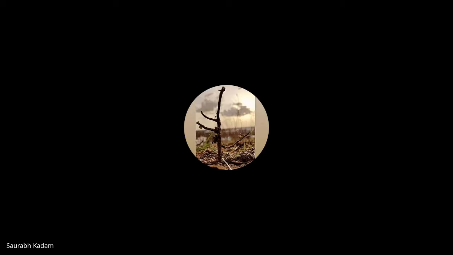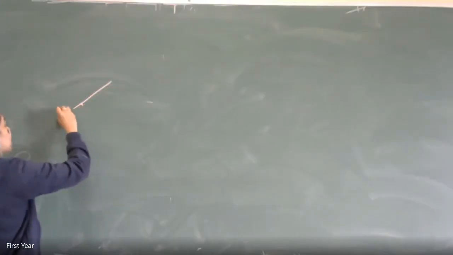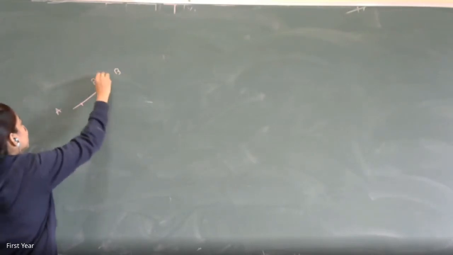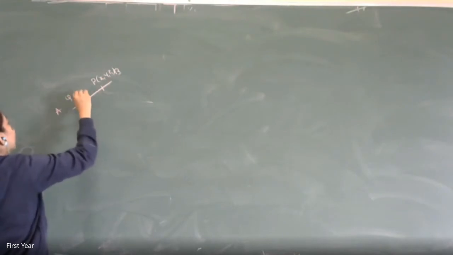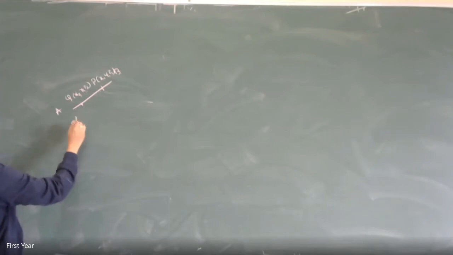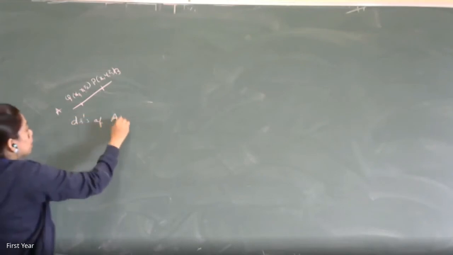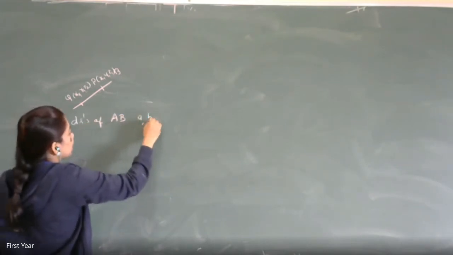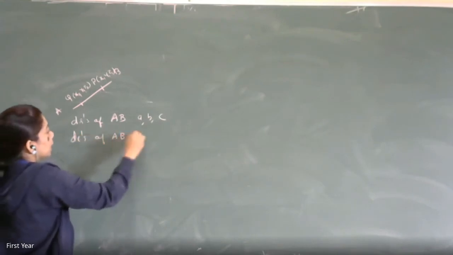Suppose this is line AB, and suppose we have point A which is x1, y1, z1, and B which is x2, y2, z2. And suppose direction ratios of AB are given to you, a, b, c, or direction cosines of AB are given to you, say l, m, n.